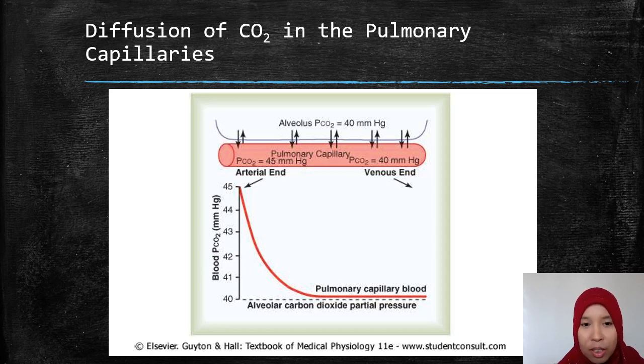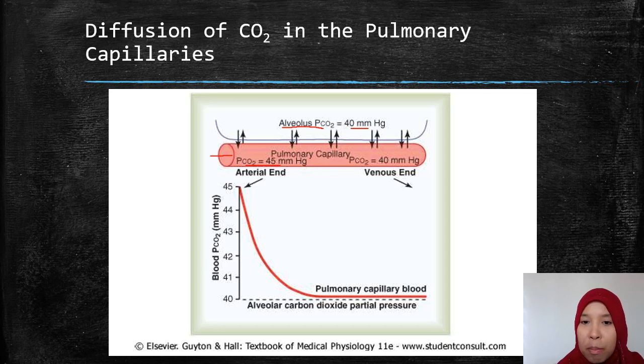So now it is returning, and it has a high carbon dioxide level here. As you can see, it's 45 millimeter mercury. And in the lung, when you look at the alveolus, the partial pressure of carbon dioxide is only 40 millimeter mercury.